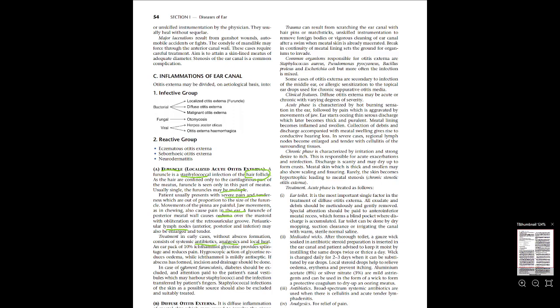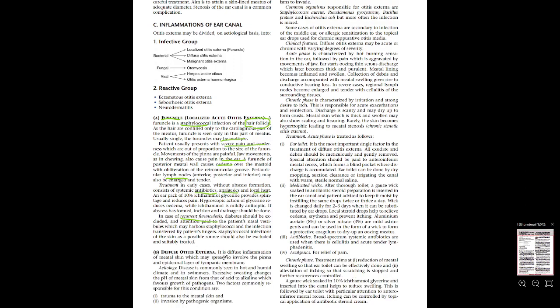In case of recurrent furunculosis, meaning it's occurring again and again, diabetes should be excluded, meaning the person can have diabetes and a good doctor should test for it. The patient's nasal vestibules can be harboring staphylococci, and the infection can be transferred by the patient's finger. The patient should not put fingers in his nose.